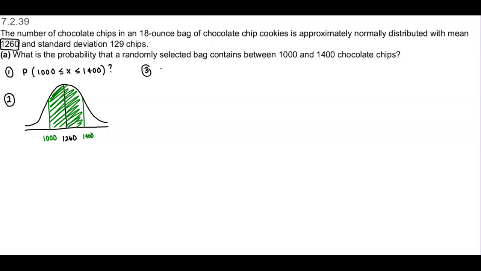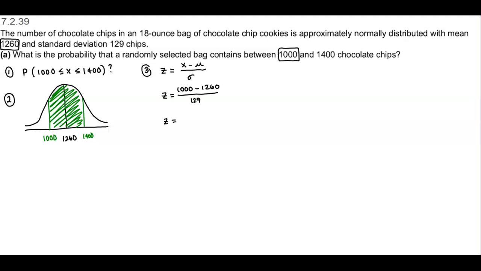We're going to use the formula for the z-score, which is equal to x minus mu over the standard deviation. The first one we're going to look for is when it is equal to 1,000. So we're going to let x equal 1,000, subtract the mean, which is 1,260, and divide by the standard deviation, which is 129.